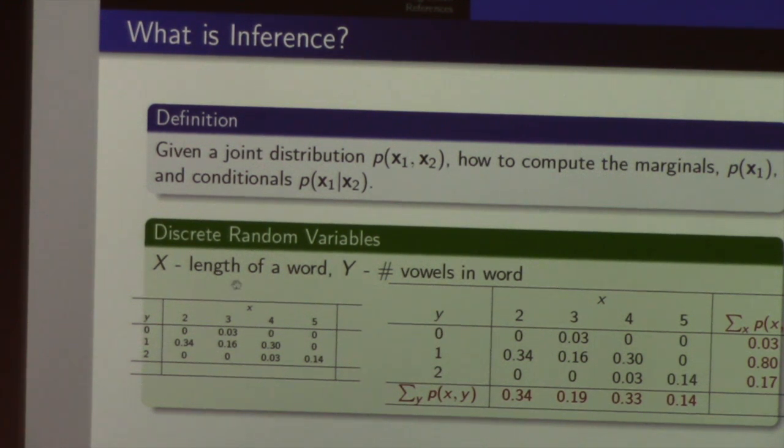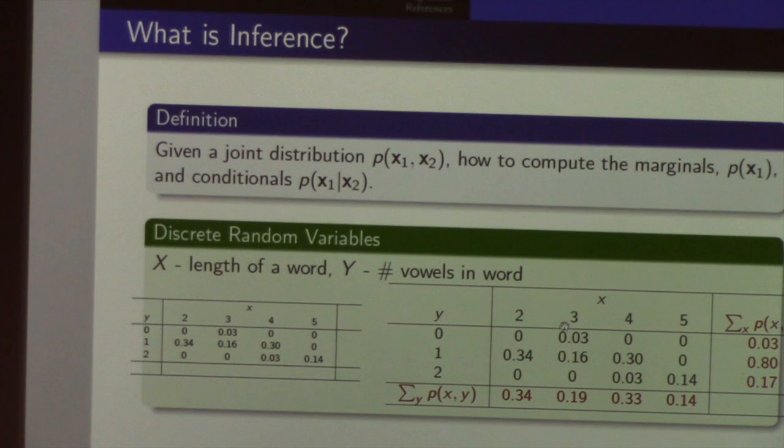Semantically, in this example, x means the length of a word and y means the number of vowels in the word. So this is the joint probability distribution. Whenever we talk about the joint probability distribution of categorical or discrete variables, it essentially is a table which enumerates all possibilities. So it tells you the probability of capital X being 2 and capital Y being 0 is 0, and so on.